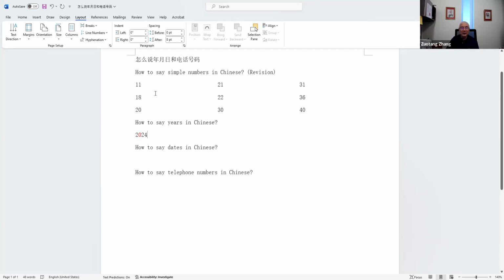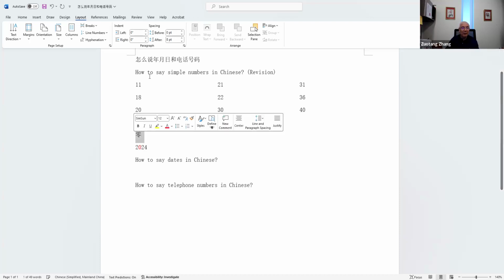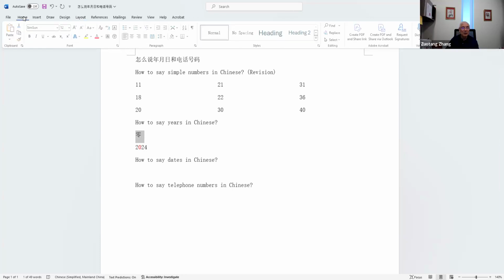So we learned the numbers from 1 to 9, 1 to 10, and we haven't learned the word 0. Okay, so I'm going to type the Chinese character Ling right here. So you can see this character, and it's pretty complicated because it has a lot of strokes.